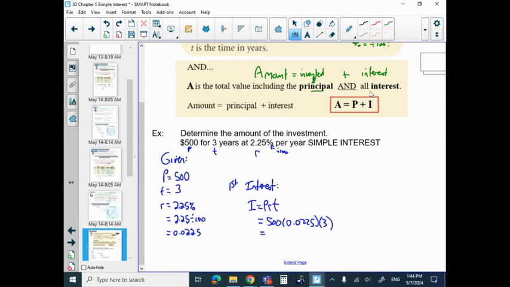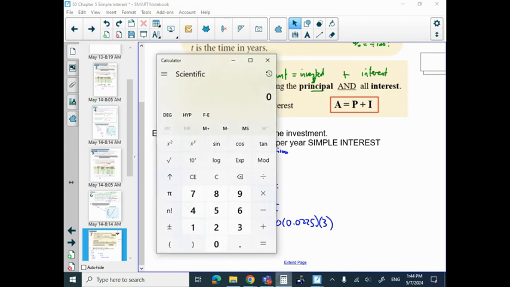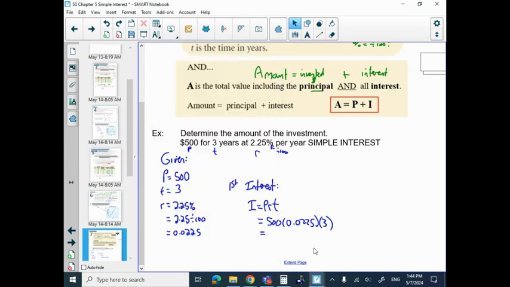So that gives you whatever it gives you, right? So 500 times 0.0225 times 3, 33.75. So $33.75 in interest.